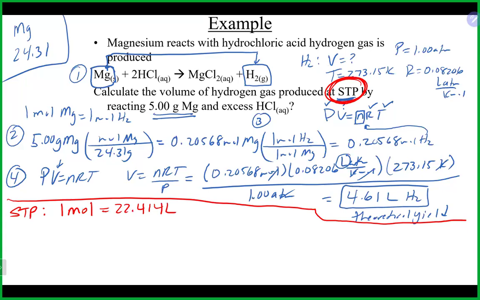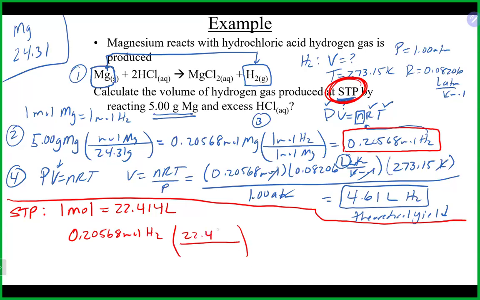By doing so, instead of using the ideal gas law, we could have just taken our moles of hydrogen that we calculated and used that relationship, because we were at STP: 22.414 liters is 1 mole, and that will get you there as well. This is an alternative way. Again, if you are not at STP conditions, you cannot use that. But in this case, you could have used it.